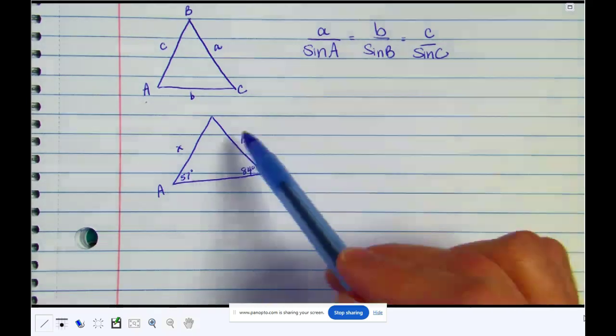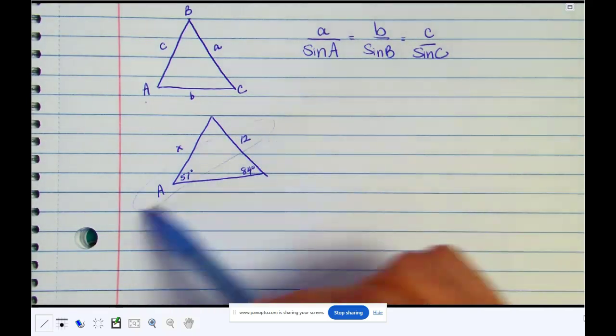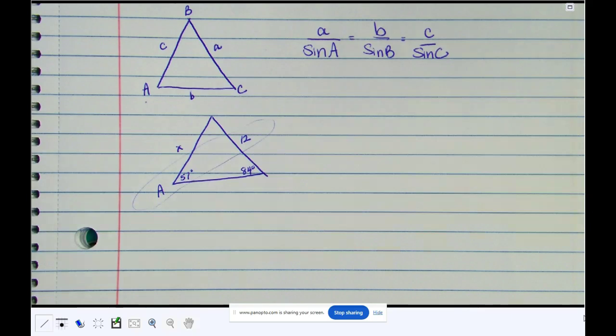And by a complete pair, I mean you have to have an angle and his opposite side. If you don't have that, you either have to have been provided a way to get it, or it's not the law of sines that you're using. It's the law of cosines, which is the next lesson.